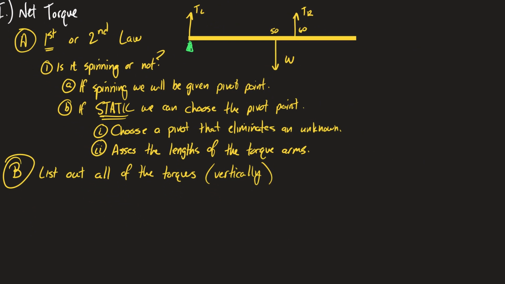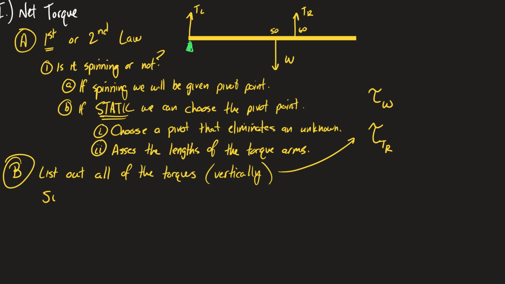So what this means for us is I'm going to have the torque due to the weight of the meter stick, and then the torque due to the tension on the right. So I'm listing them all out vertically.